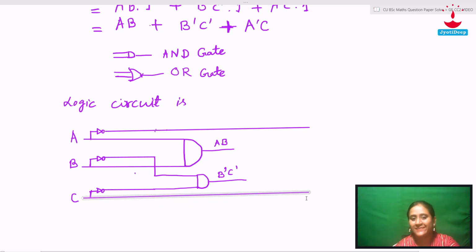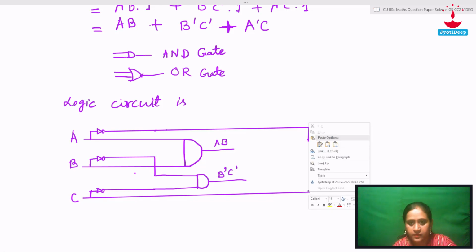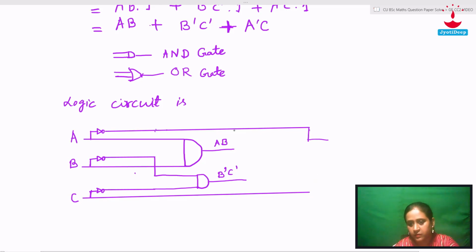I am going to connect these two lines, and again this is A dash C.